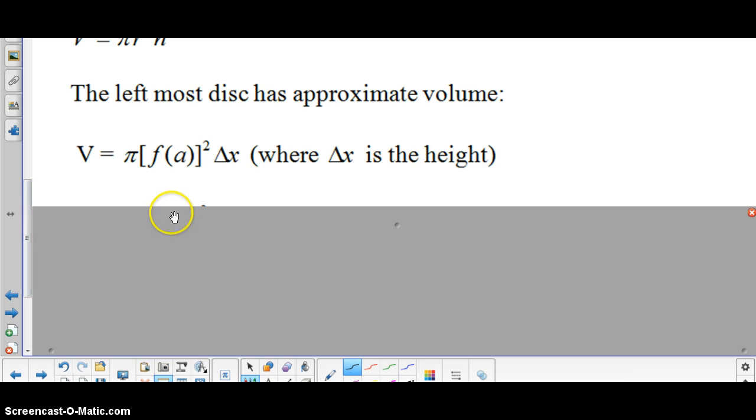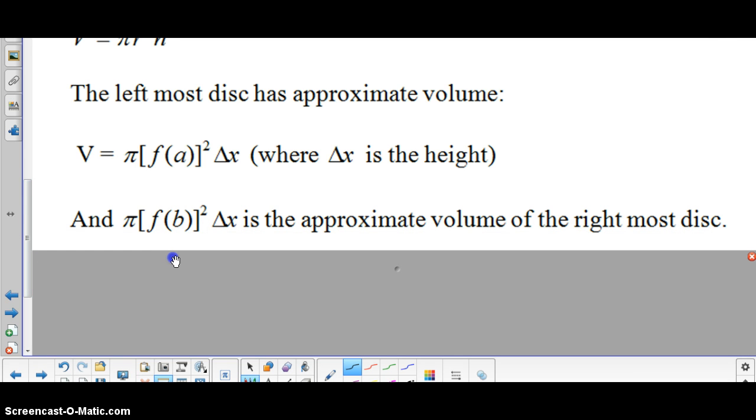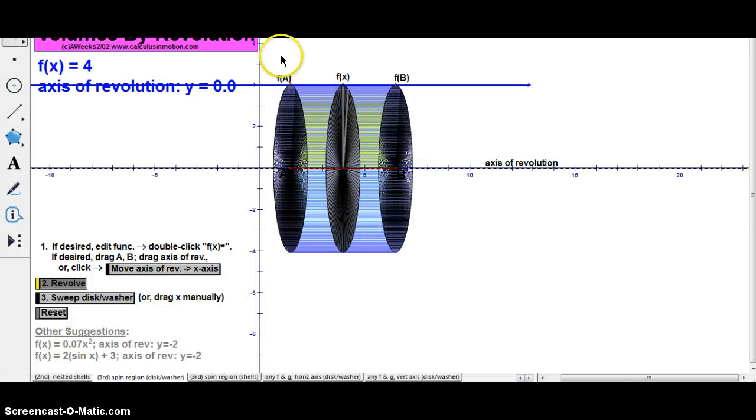And you can see probably where I'm going. At the rightmost disc, it would be at b when you evaluate the y value of b. So here we would have this height for this disc at the y value of a, and for the rightmost disc, our radius would be at the y value, this radius right here, our y value at b.